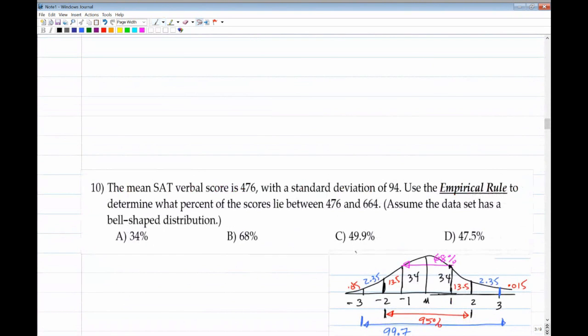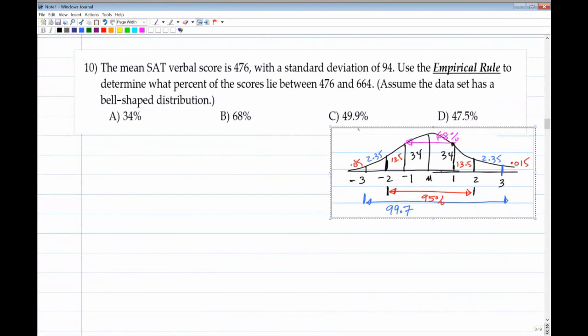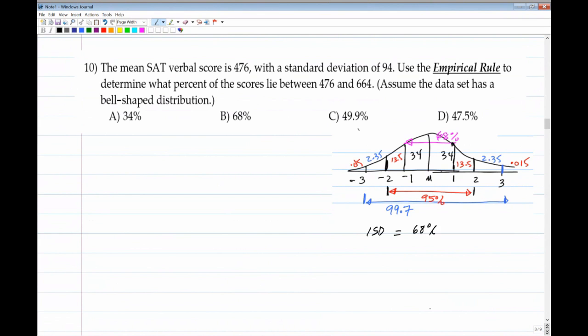Now let's look at this problem. This problem is about the usage of the empirical rule. The empirical rule is a bell shape, symmetrical on both sides. One standard deviation is equal to 68%, which is plus or minus 1, 2 standard deviations will be equal to 95%, and 3 standard deviations will be 99.7%.